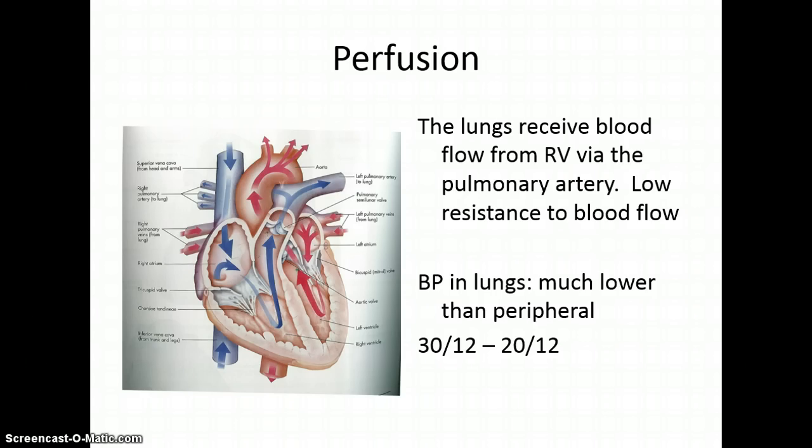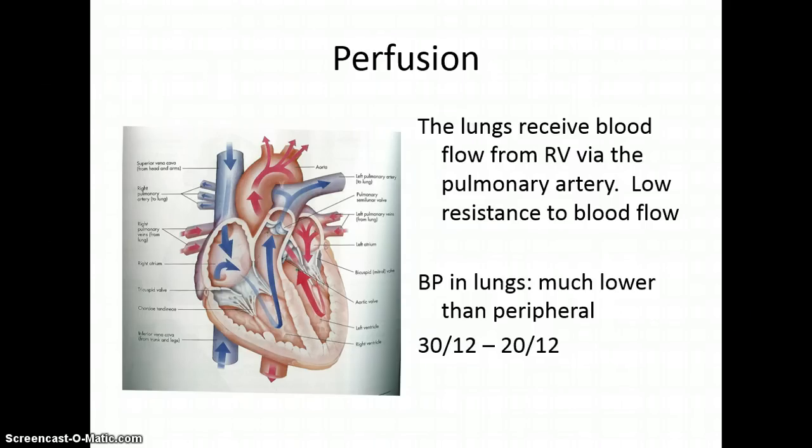And then the act of perfusion is where the lungs receive the blood from the right side of the heart, the right ventricle. It goes through the pulmonary artery, and remember your anatomy where the pulmonary artery is the only artery in the body that carries unoxygenated blood. And then it comes back through the pulmonary vein, oxygenated to the left side of the heart.